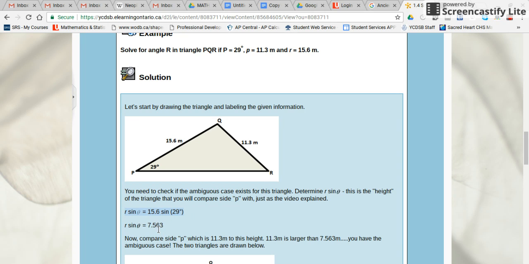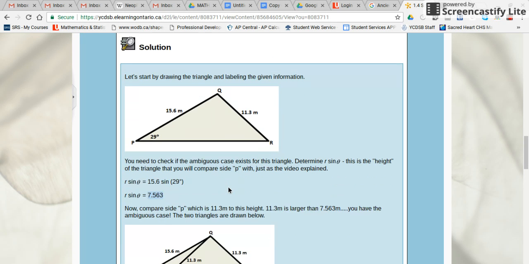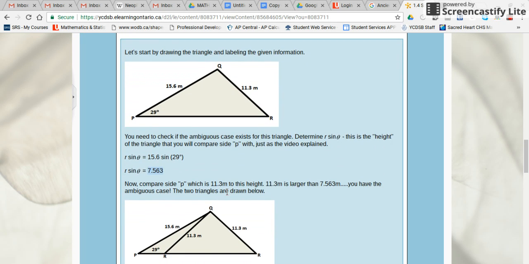That height, which equals 7.563, this is the height of that triangle, which you can compare to that shorter side, that 11.3. And when we compare that, we obviously realize that 11.3 is a lot bigger than this height, right?